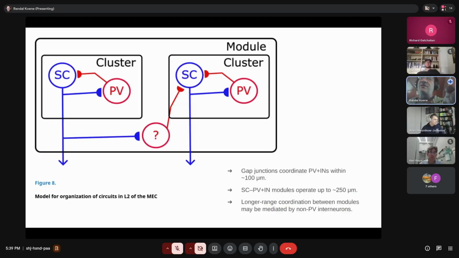They, for example, mention layer 1 interneurons that have fairly extensive axons that could be responsible for that, but they don't really pin down in this paper which other interneurons are responsible for that coordination between modules.